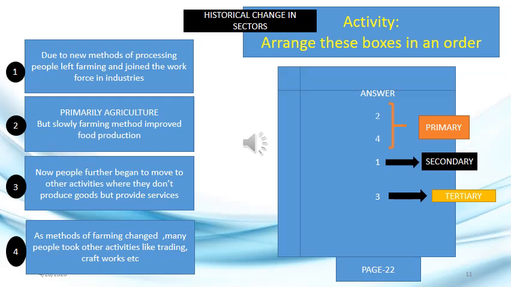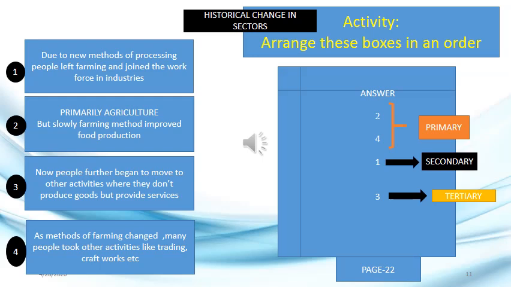As now people further began to move to other activities where they don't produce goods but they provide you services. So boxes number 2 and 4 can be called primary. Box number 1 comes under secondary. Box number 3 comes under service or tertiary sector.